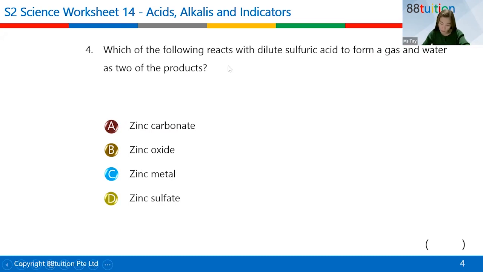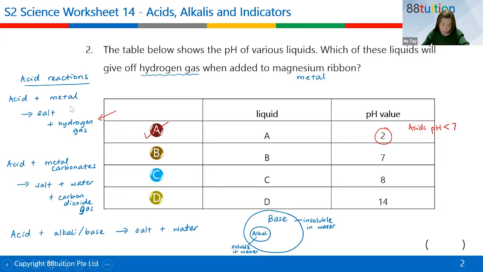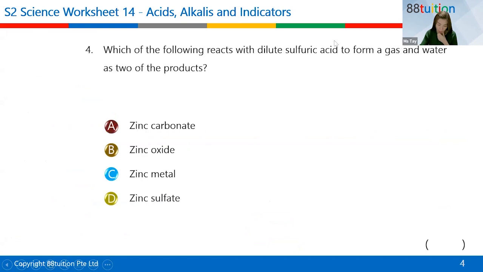If I were to go back to this, you can see there are 3 general equations. It's talking about a gas and water, right? So which one will give you that? It should be zinc carbonate. Any question here?